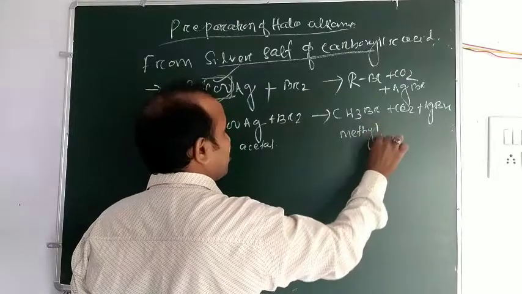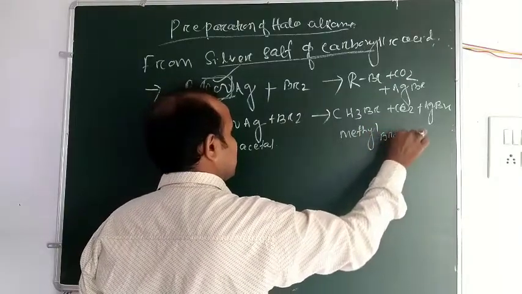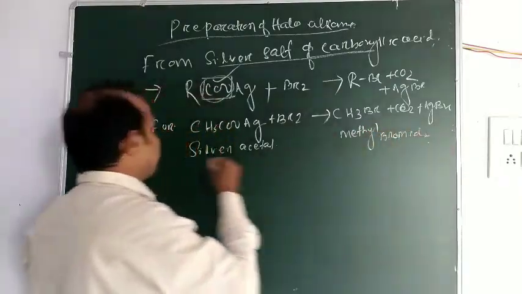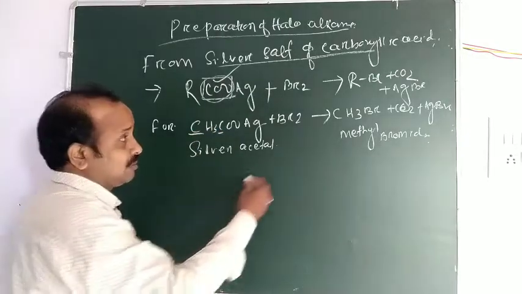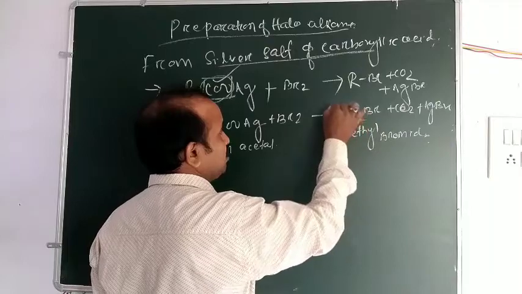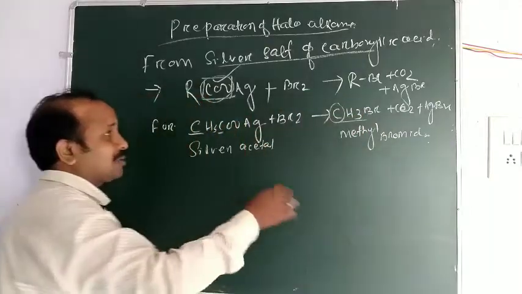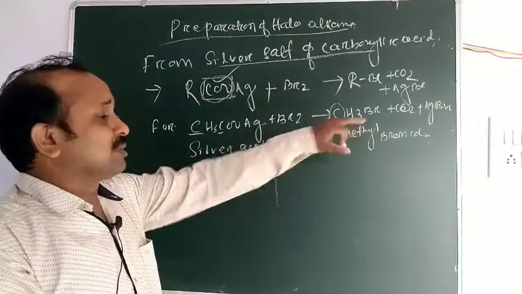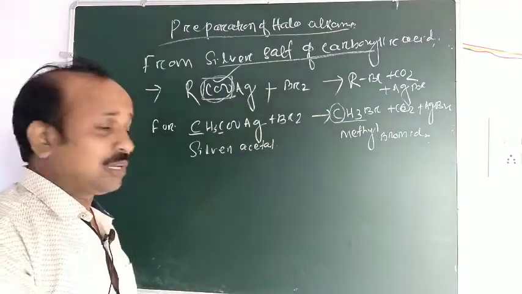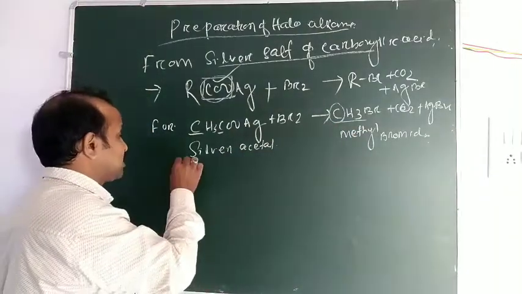Here there are 2 carbons, but in the product side 1 carbon. So 1 carbon is lost during the reaction due to removal of carbon dioxide, and this is called Hunsdiecker reaction.